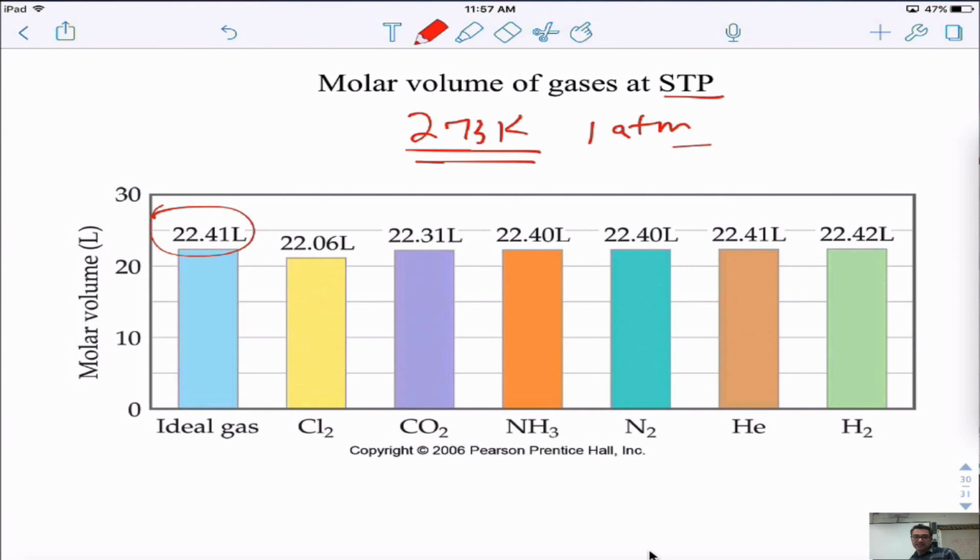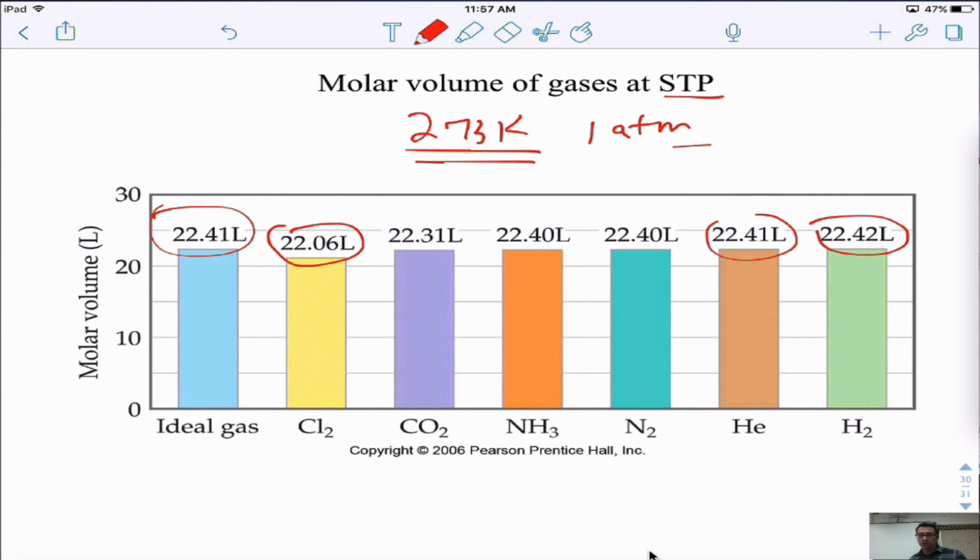And you can see that the lightest gases, like hydrogen and helium, are almost exactly that. A heavier gas like chlorine has a number that deviates from that. But you can see that all these gases at that temperature and pressure, high temperature, low pressure, pretty much follow the ideal gas.